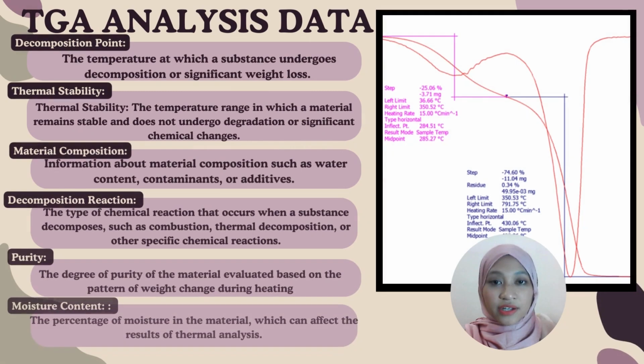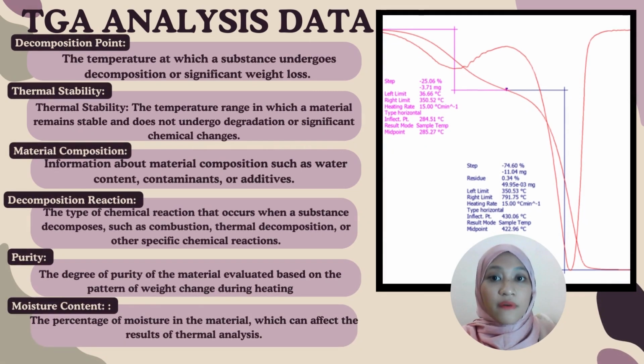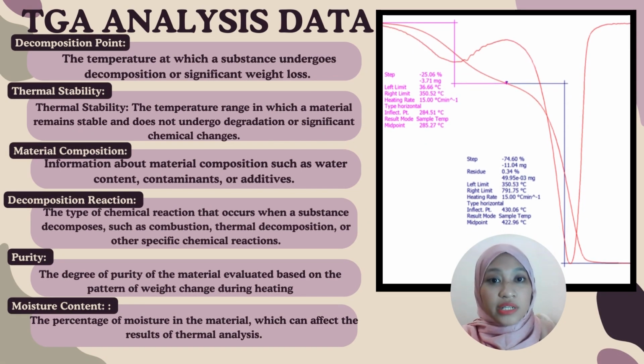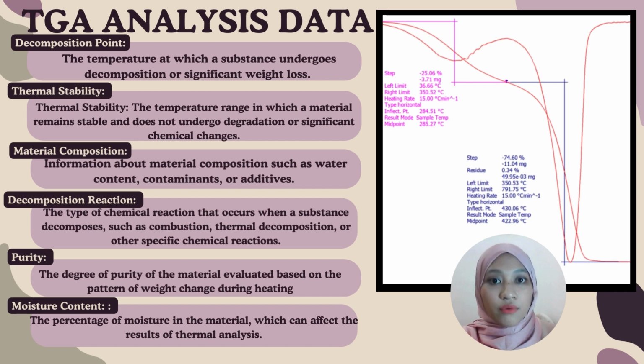Here are the results of the TGA analysis of the graph and the related concepts. First of all, decomposition point. On the TGA graph, the decomposition point is shown by two main peaks at temperatures around 285.27 degrees Celsius and 422.96 degrees Celsius. This indicates two stages of combustion or decomposition of the material, where the material undergoes significant weight loss. Secondly, thermal stability.